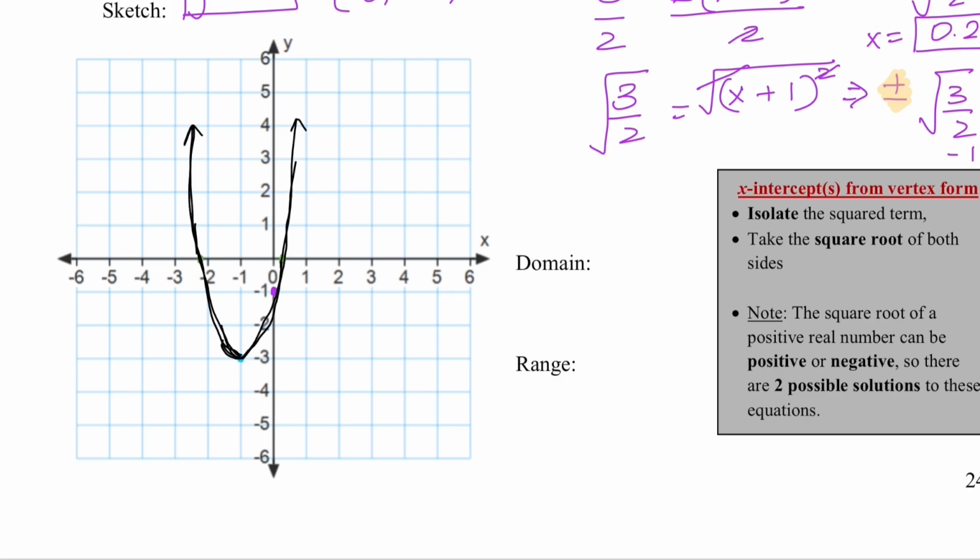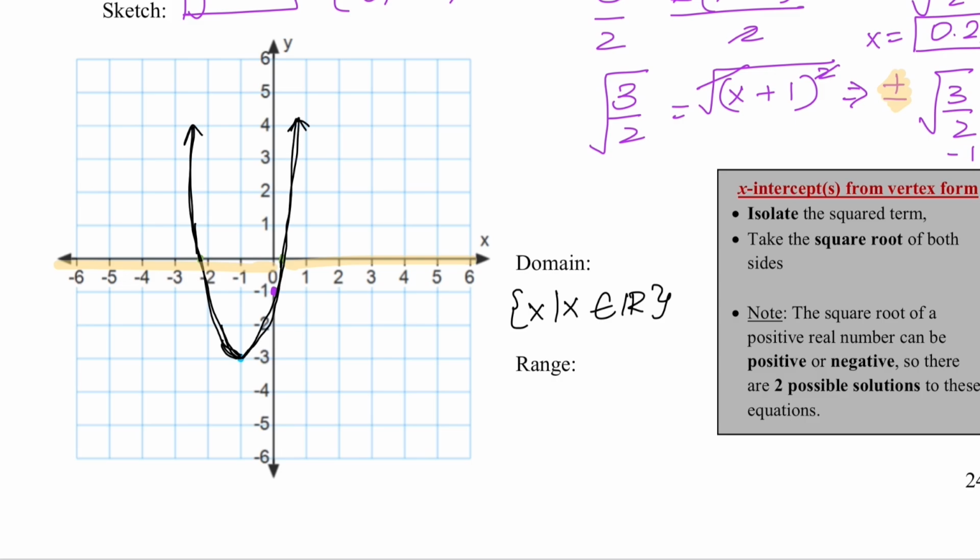Okay, what is our domain here? All the possible x values. X such that x is an element of the real numbers, because if you look at your graph, it's just going to keep going and going, so it'll cover all your x on the x-axis.